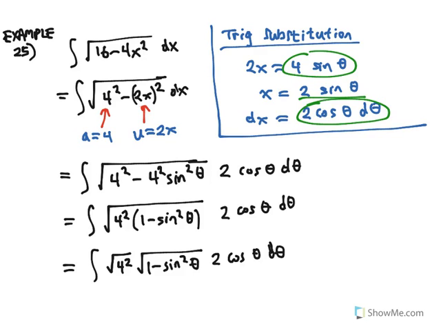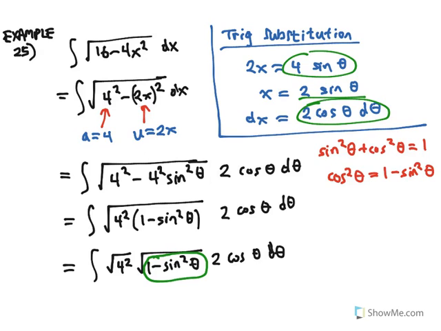The next step is to replace the 1 minus sine squared theta by using a Pythagorean identity. So we can see that 1 minus sine squared theta can be replaced with cosine squared theta.